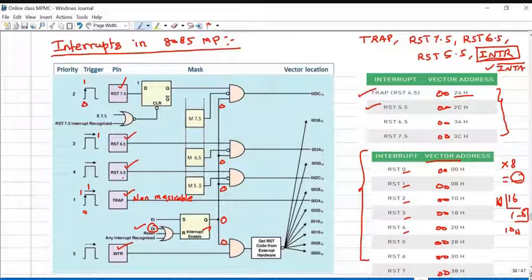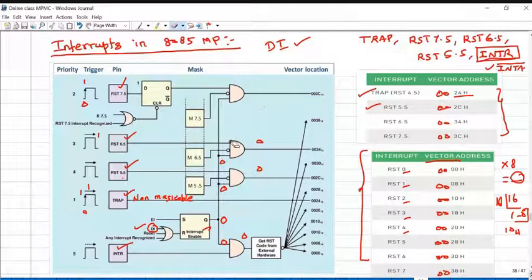For an AND gate, if any one input is 0, the output is 0. So RST 7.5, 6.5, 5.5 and INTR, all the interrupts are masked, disabled. Except the trap interrupt, we can disable all other interrupts by executing the disable interrupt instruction.